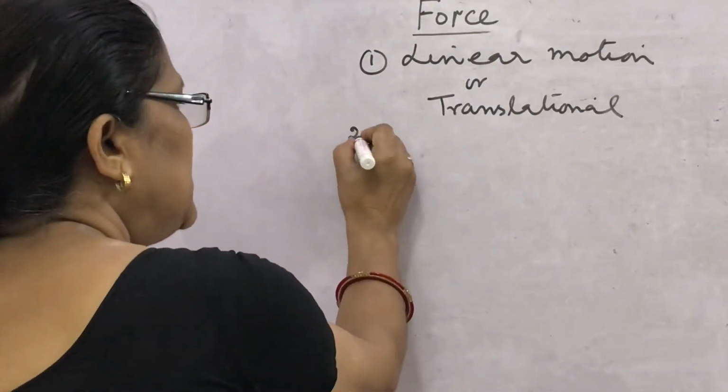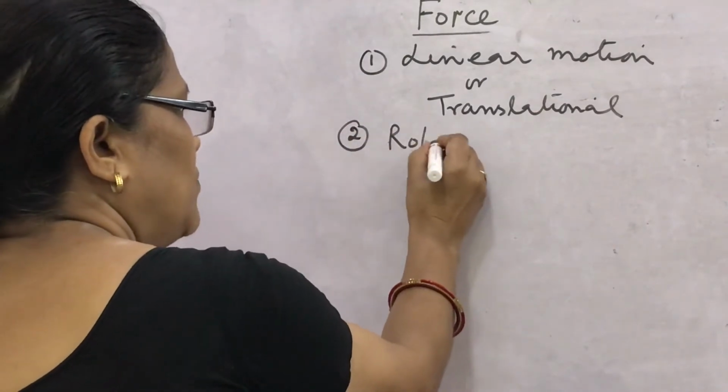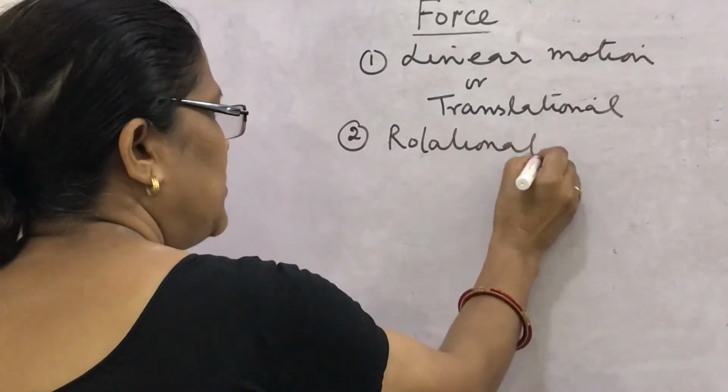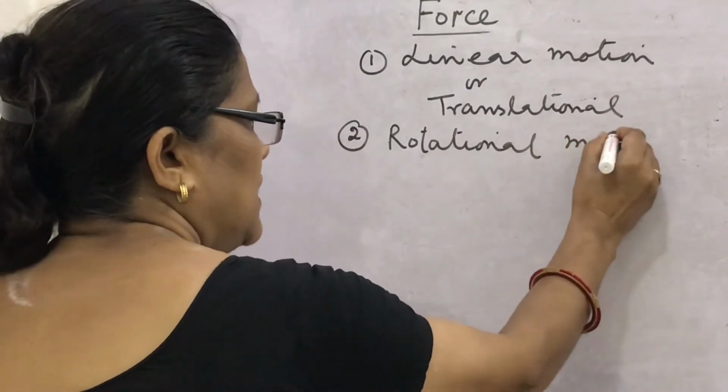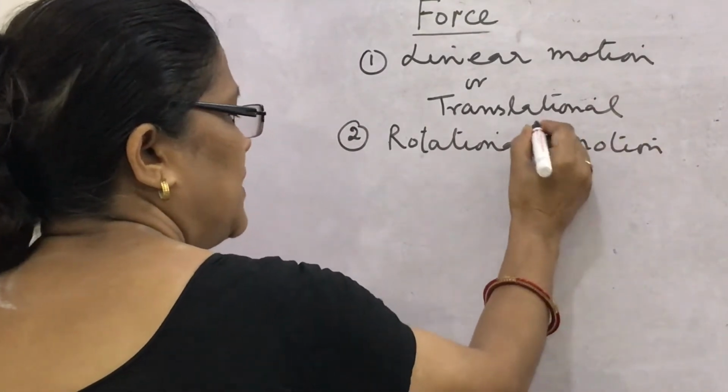The other motion is rotational motion. What do you mean by rotational motion? The object is fixed at a certain point.